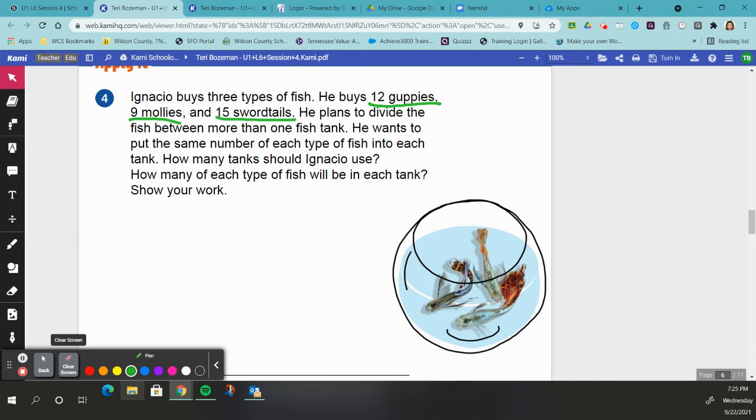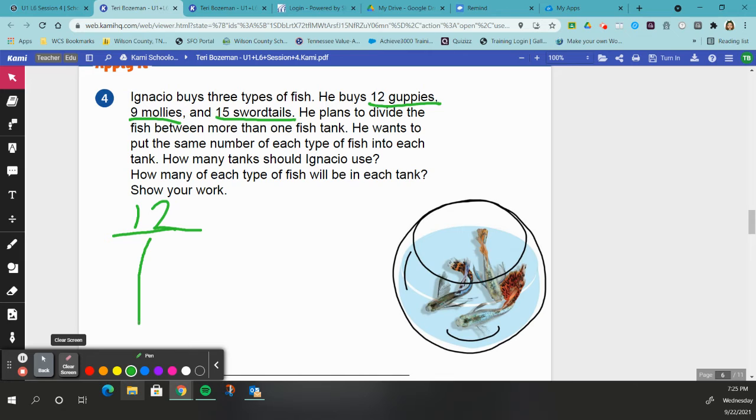So he's going to put them in groups, right? Anytime we're finding groups that match, we're probably looking at our factors. And we want to see how many fish tanks he's going to use, right? Yes, how many fish tanks should he use?